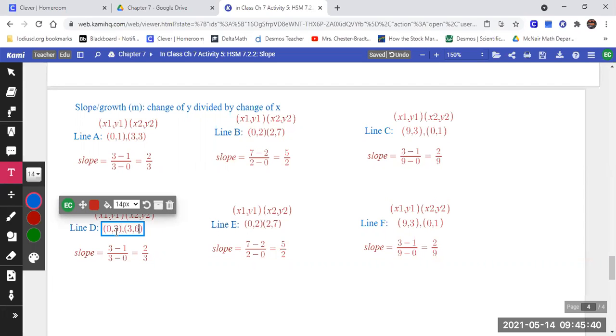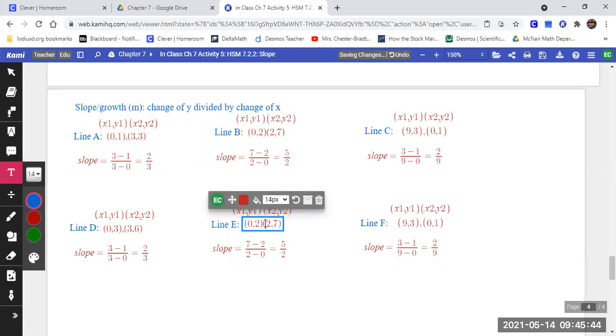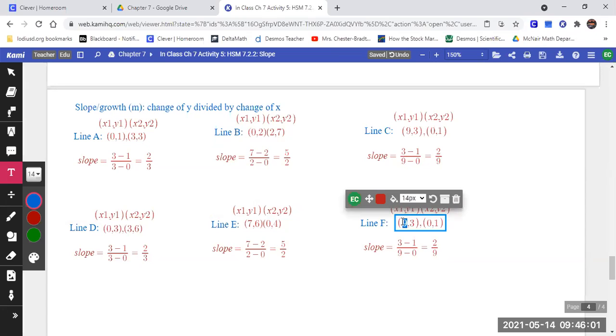I'm going to get all these changed. E is at 7, 6, and 0, 4. Give me 1 second. And F was 5, 3, and 0, 1. It doesn't matter the sequence.